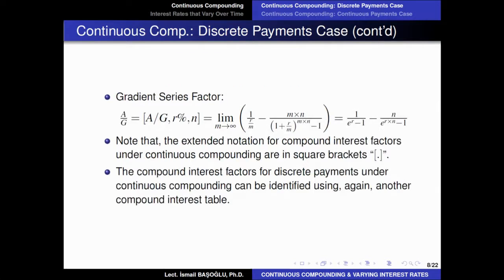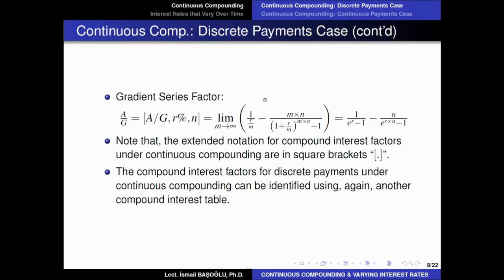Now, one final formula that we have learned in the third chapter is the gradient series factor. The gradient series factor was ordinarily formulated as 1 over i minus n divided by (1 plus i) to the power n minus 1.